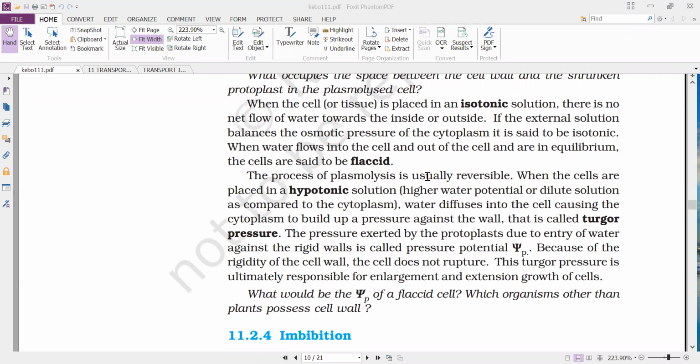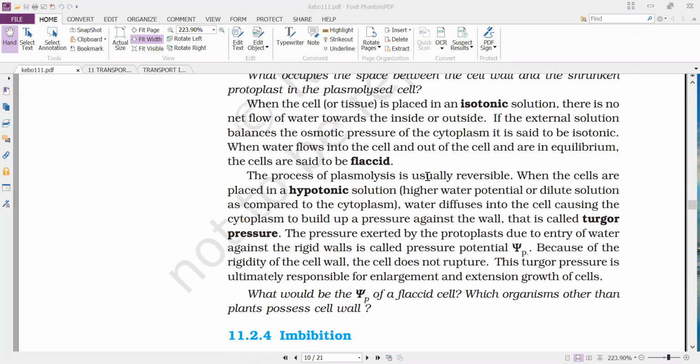So when you observe here, when a plasmolyzed cell is placed in a hypotonic solution, that is, a solution having a lower concentration than the cytoplasm of the cell, the water will enter the cell through the plasma membrane.